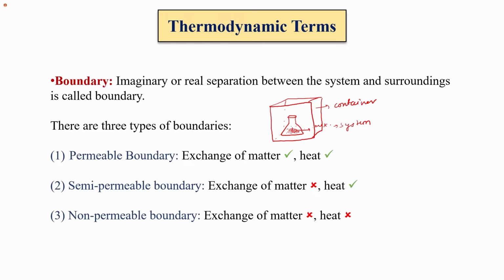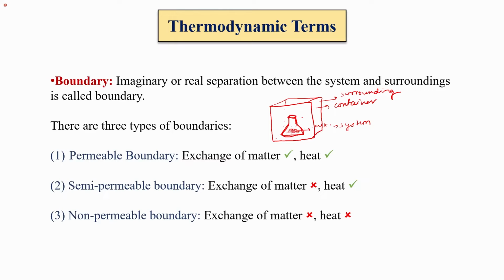As I told earlier, except the system, everything will be your surrounding. So here the container will be your surrounding, and the boundary, the separation, the boundary of the conical flask, will be your boundary.